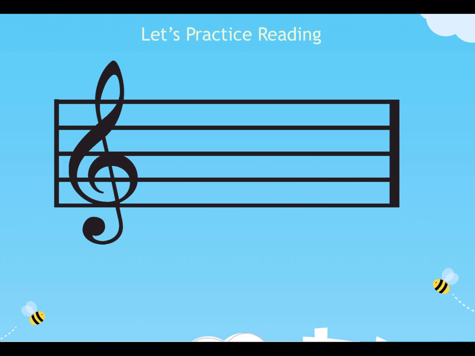Let's practice reading some notes. This note is below the staff and has a little line running through the middle. This is our middle C. Let's try another one. This note is also below the staff, touching the bottom line, just touching it.